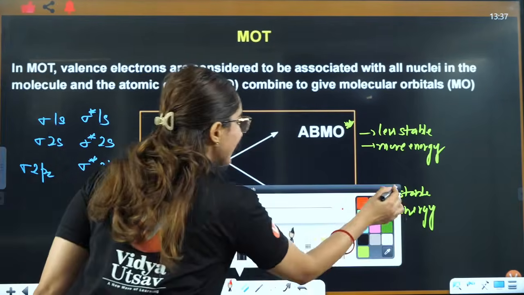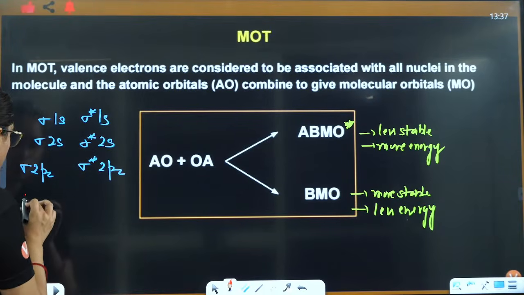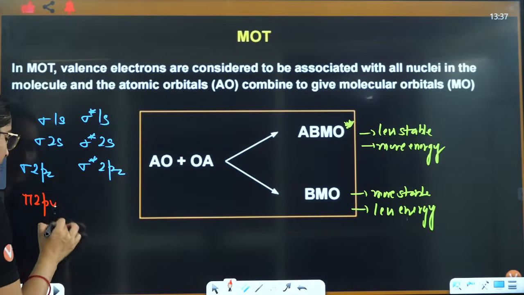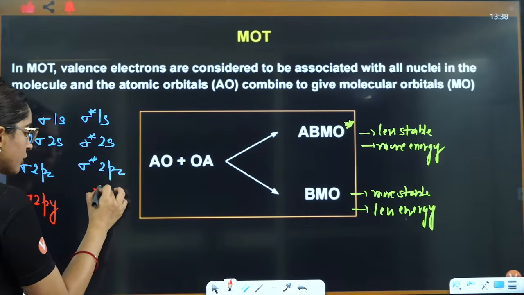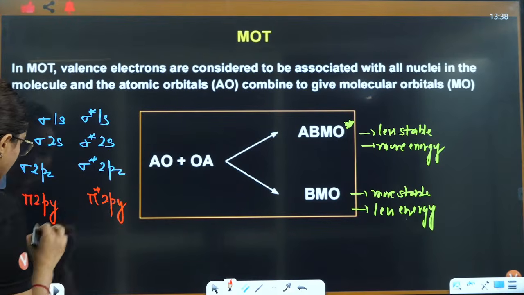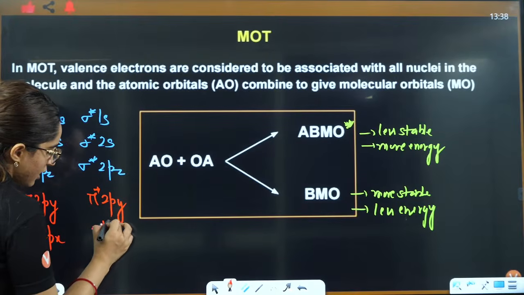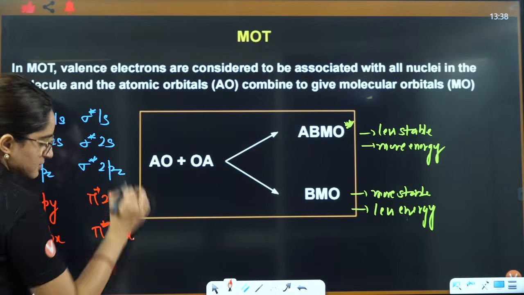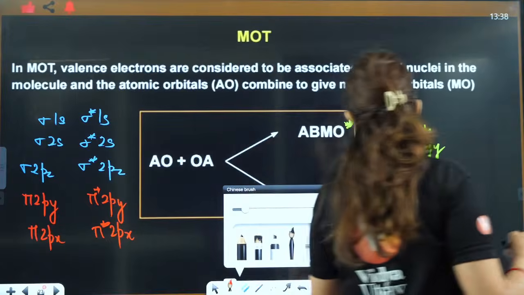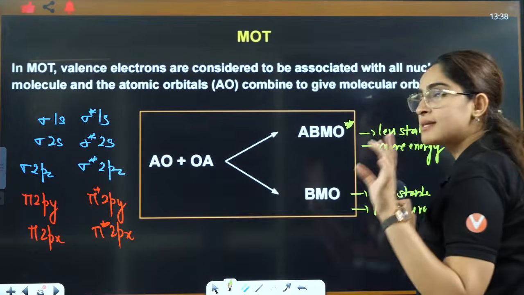But in pi you will have py and px. So pi 2py, pi star 2py, pi 2px, pi star 2px. First thing you should remember is that z is always sigma and x and y are pi.